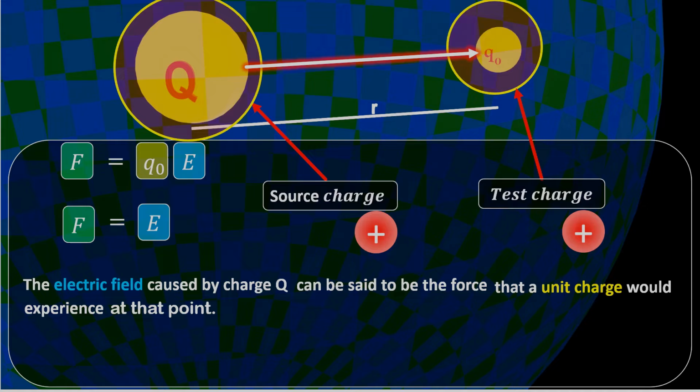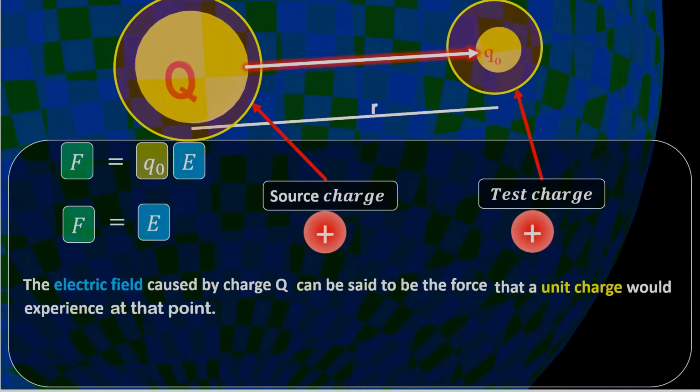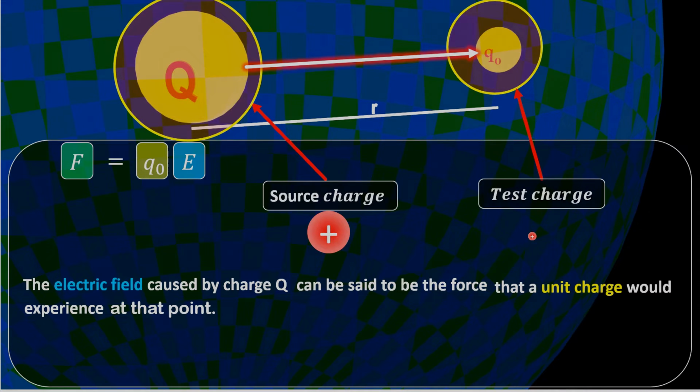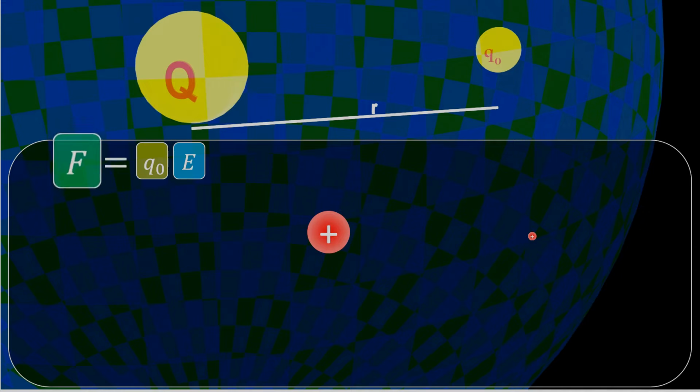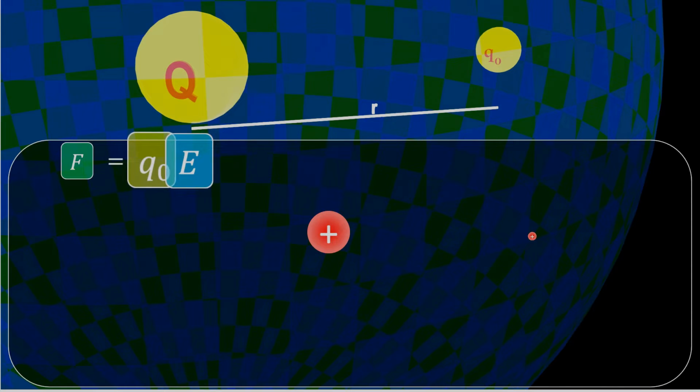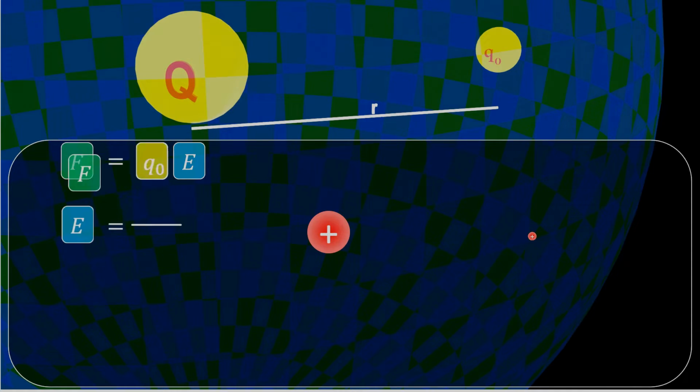It's important to note that if we bring the positive test charge close to the source charge, it may cause the source charge to move, which we don't want, and hence the test charge is taken to have a negligible magnitude. Now we can modify force equal to q naught E as electric field E equal to F by q naught. Since force is a vector quantity, electric field will also be a vector quantity whose direction will be the same as that of force.